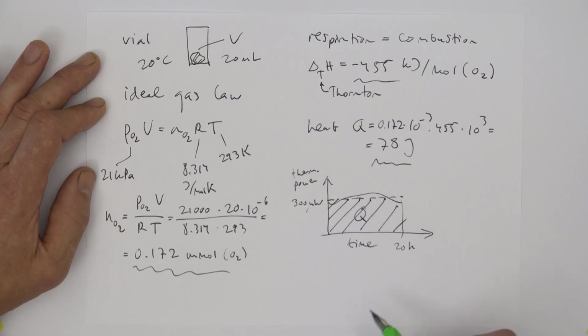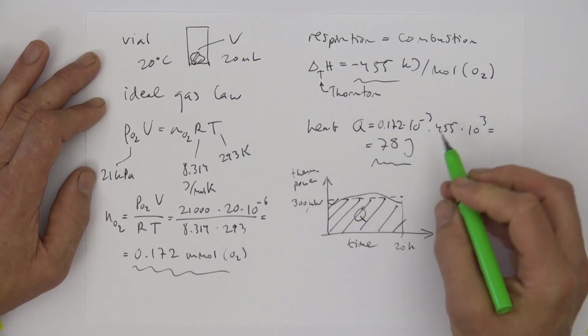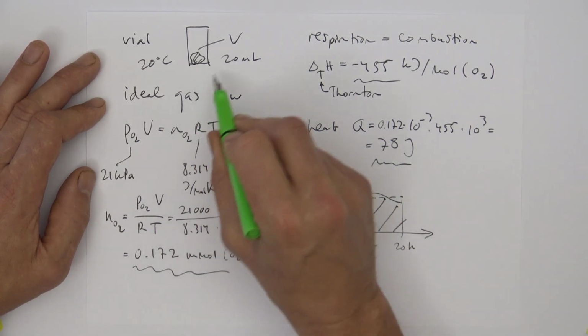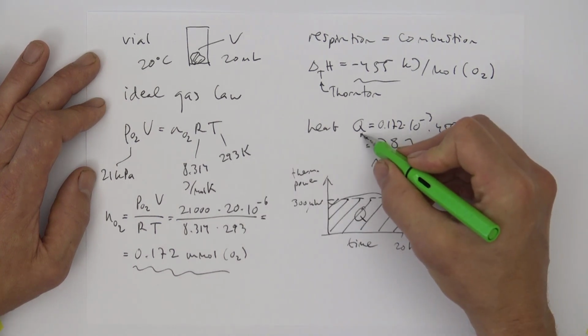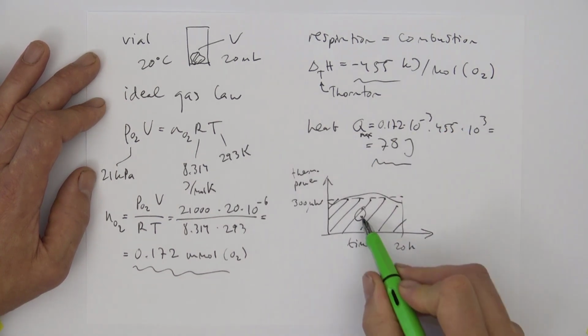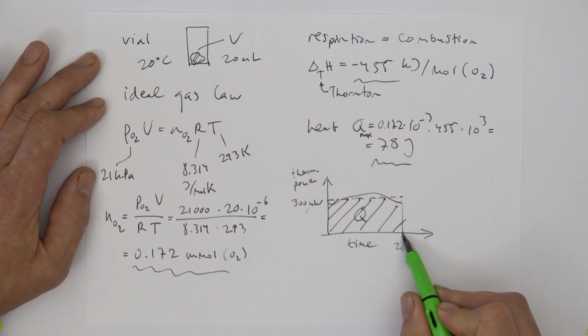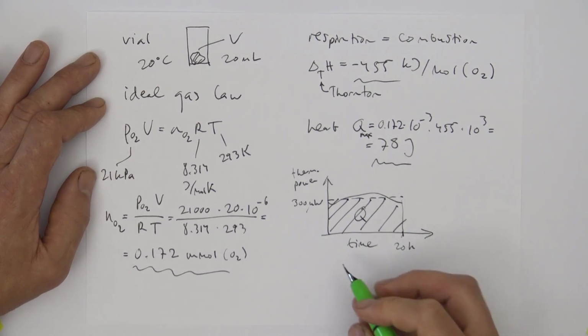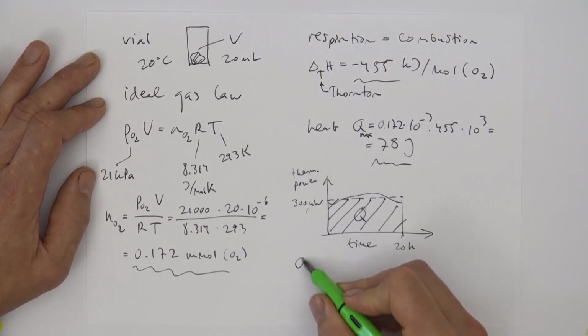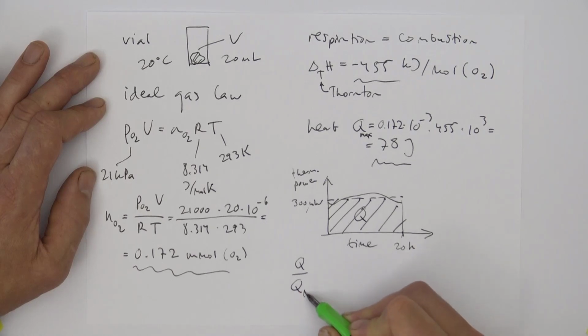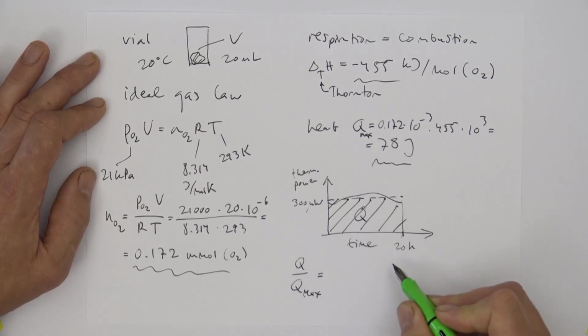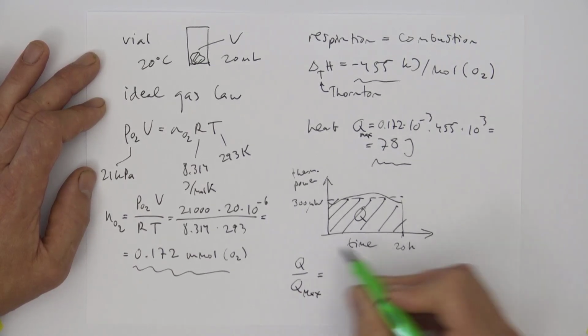So the heat above here, that is the maximum heat that we can get when all the oxygen is consumed. So let's call that Q max. This is the heat that we actually have got after, in this case, 20 hours. And Q divided by Q max, sorry, I have to calculate Q first.